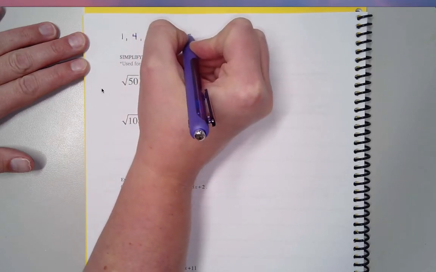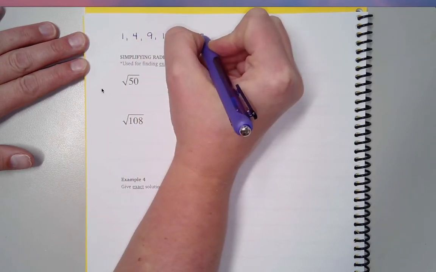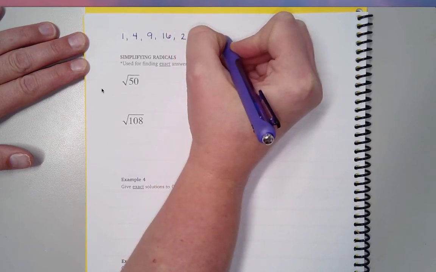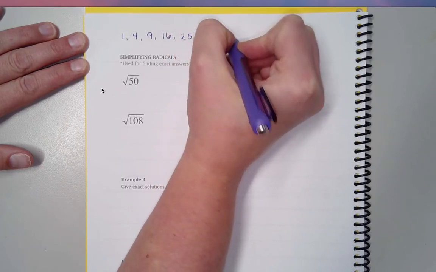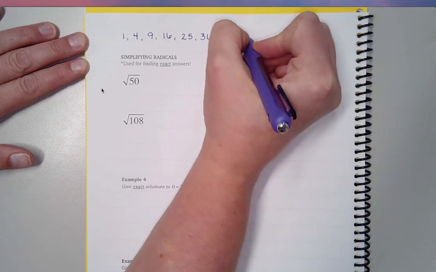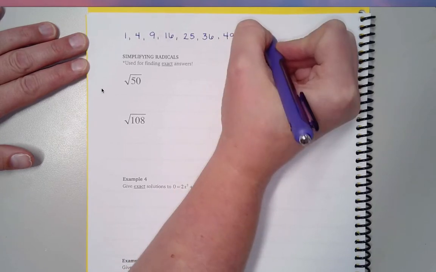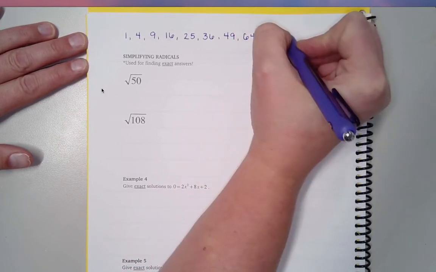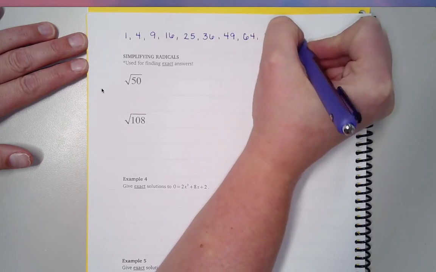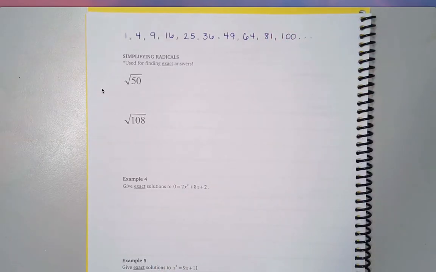So there's 5 squared, 6 squared, 7 squared. Let's see, I'm losing track here. 8 squared, 9 squared, 10 squared. And that's probably far enough for now. I can't promise that you'll never need one bigger than that. But you should know those numbers very, very well.